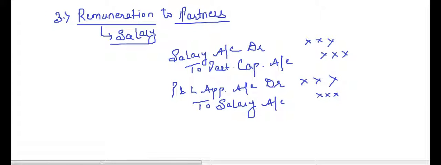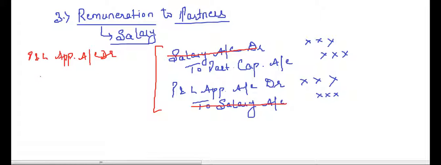Now, what if we have to pass a single entry? What will be the net effect? Salary debited and salary credited cancel out. What will be the net entry? P&L appropriation account debit to partners' capital account.